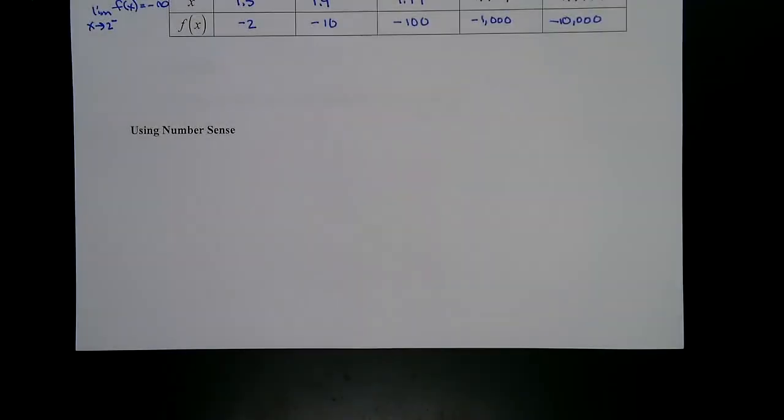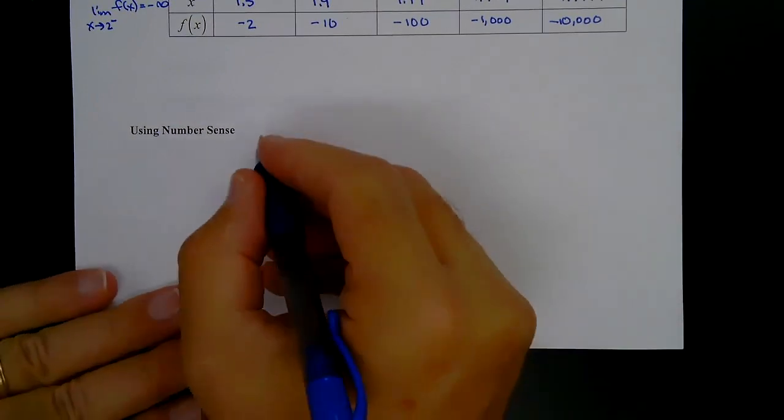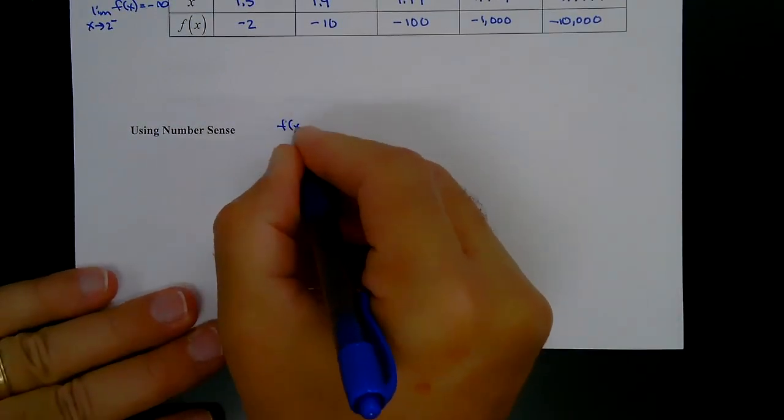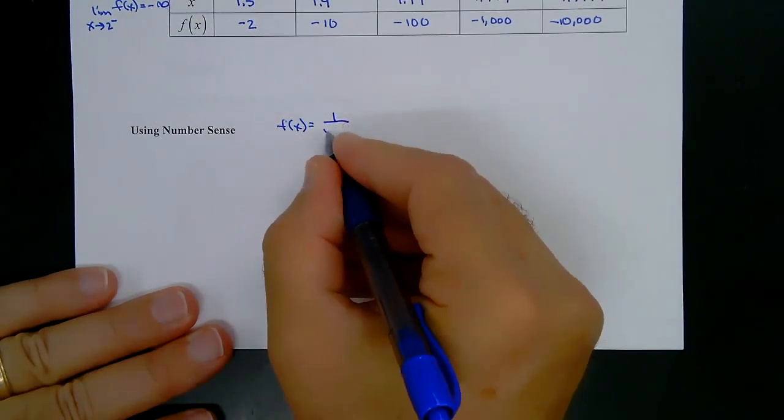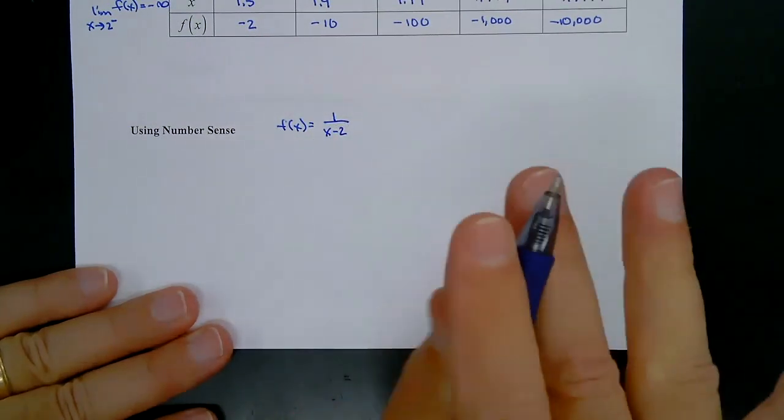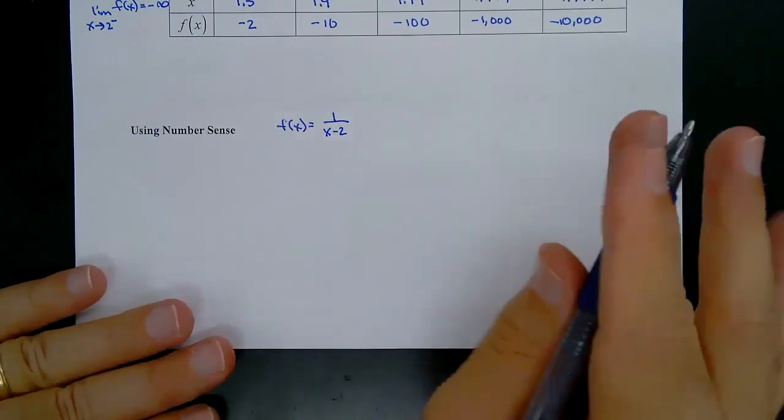Okay, so how do you do this if you don't have a graph and you can't create a table, okay? What if you just have the function, okay? So f of x is equal to 1 over x minus 2. And here's some ideas, okay?